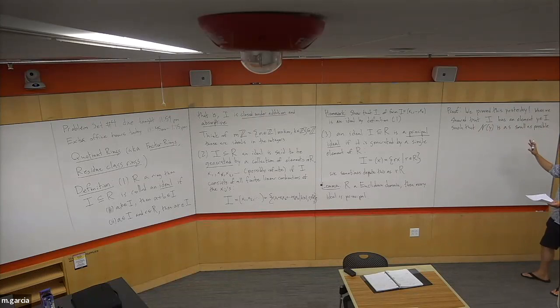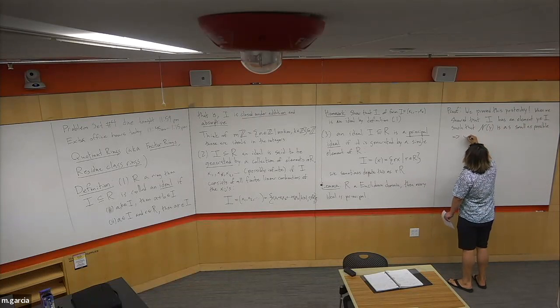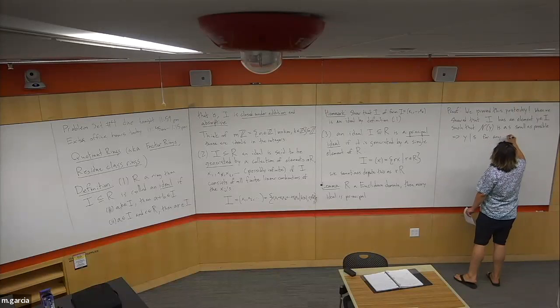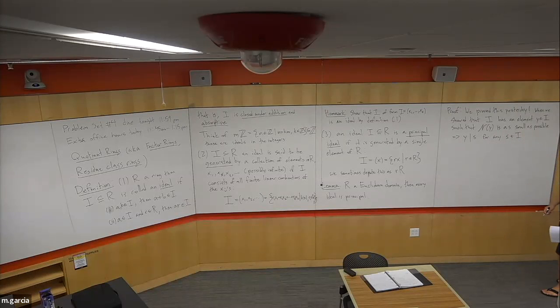That is the smallest out of all the elements of I evaluated on the Euclidean function, right? Which we then showed means that y divides s for any s in I, right?